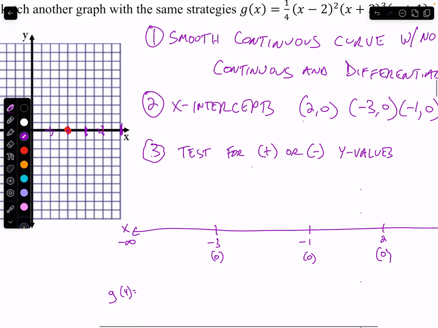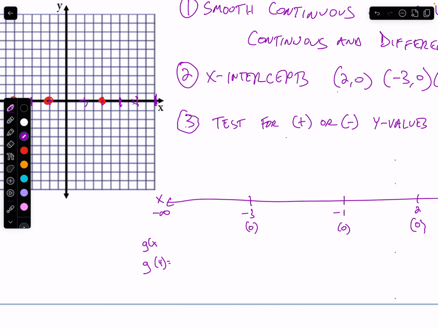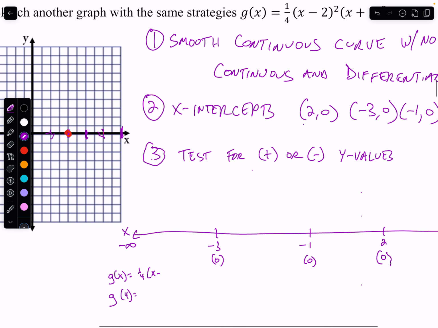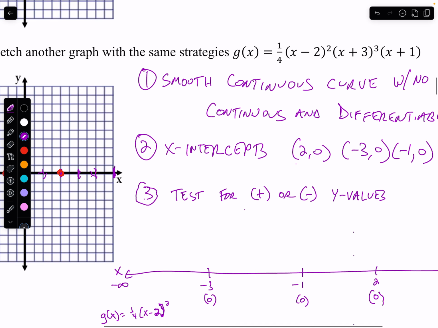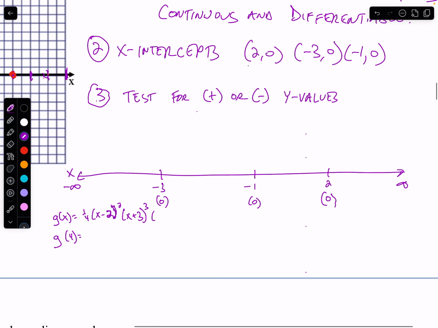And I'm going to write the equation down here again. So g of x equals 1/4 times x minus 2 squared times x plus 3 to the third times x plus 1, so I don't have to keep scrolling up.